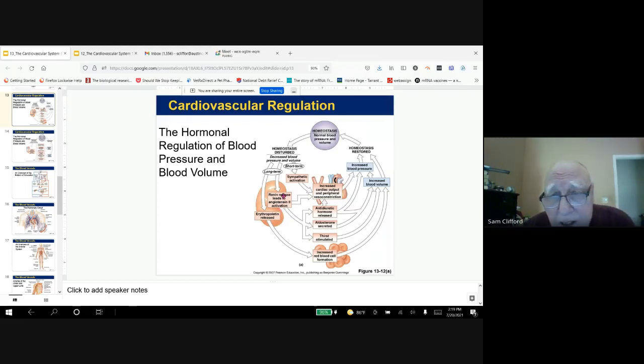The kidney controls how many red blood cells are produced. It controls these hormones, which lead to sodium retention. So if we have decreased blood volume, and we retain sodium and water, blood pressure is restored to its normal level.